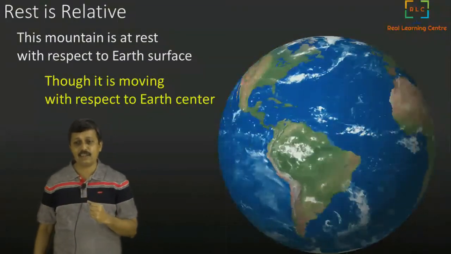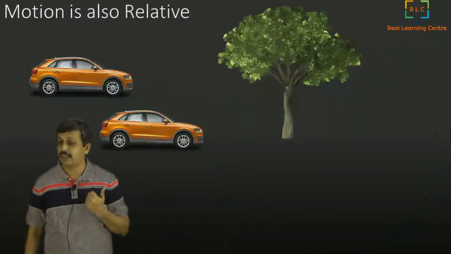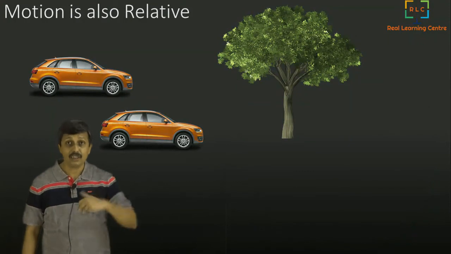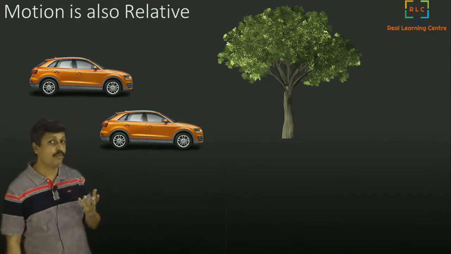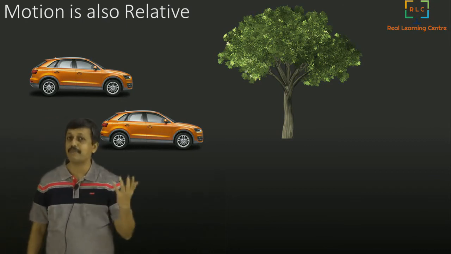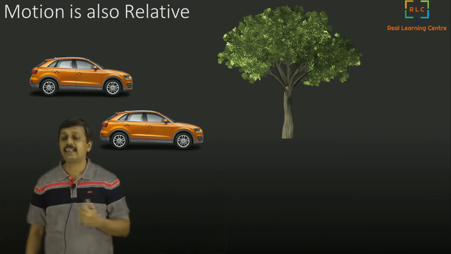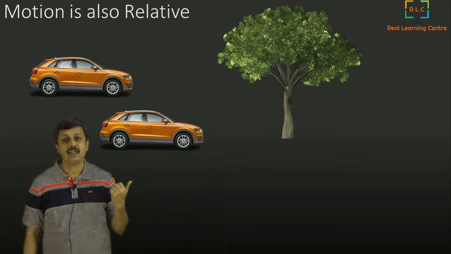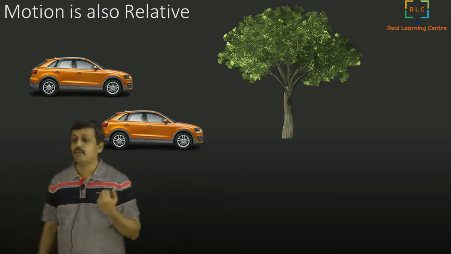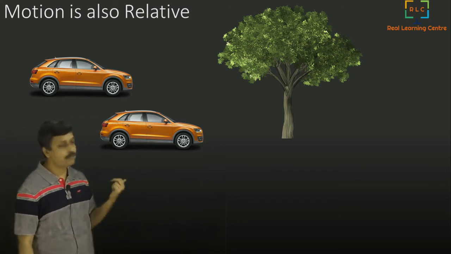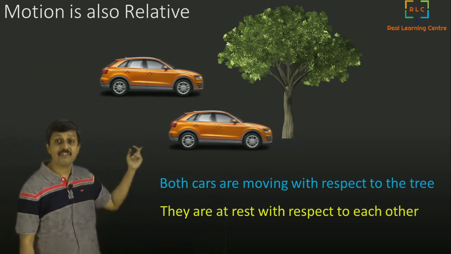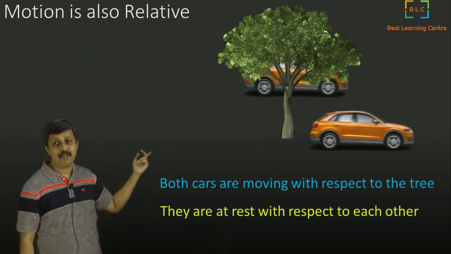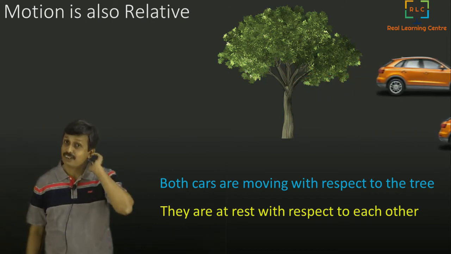Let us take another scenario to understand how not only rest but motion is also relative. When we say something is moving, it is with respect to something else. So let us take these two cars and watch them. Both cars are moving at the same speed, you can see. Both cars are moving with respect to the tree, but they are at rest with respect to each other.